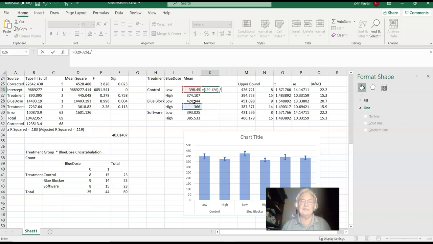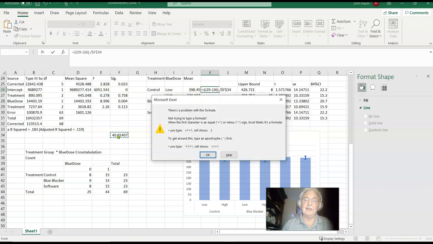And what's the average standard deviation? It is the root mean square error term. We hit F4, although I don't think we're going to copy anything. Oops.